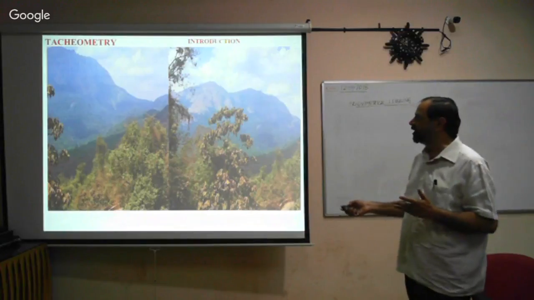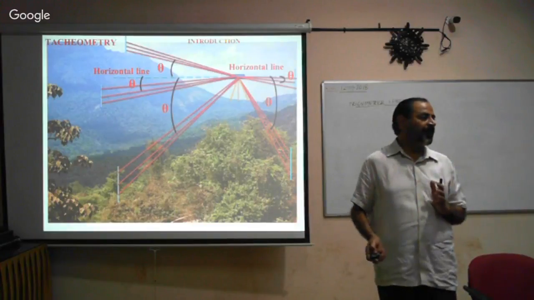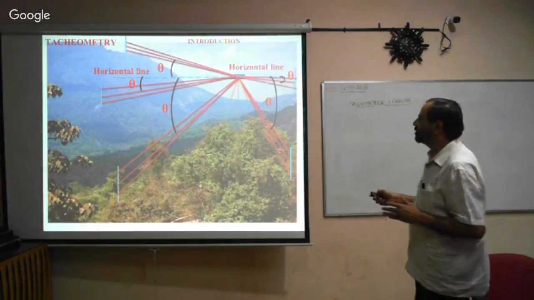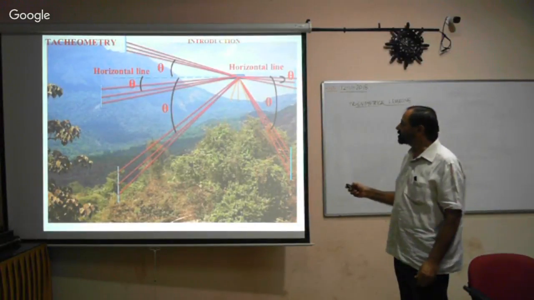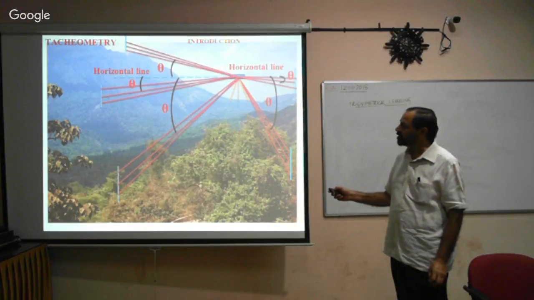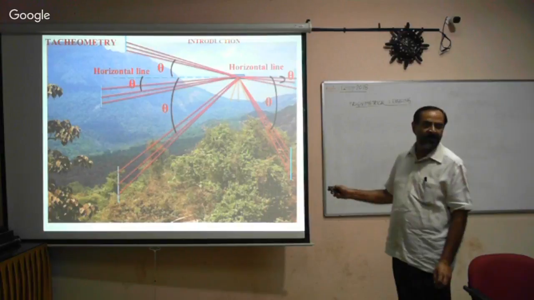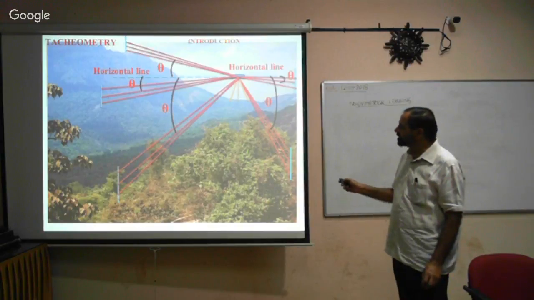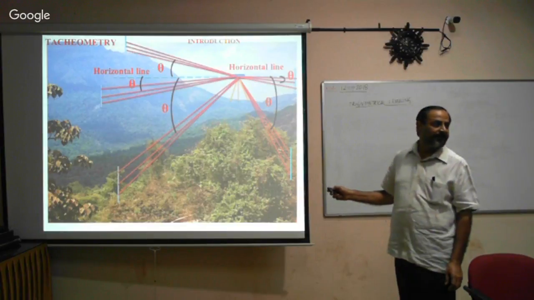The beauty and advantage of this method is that from one instrument station, we can take the staff reading, measure and compute the elevation of this point, and calculate the horizontal distance from this point. This is one instrument station where we install the instrument, then take the stadia readings.